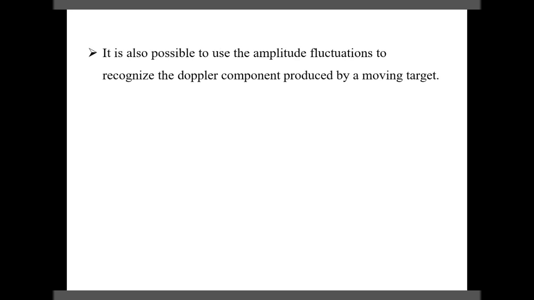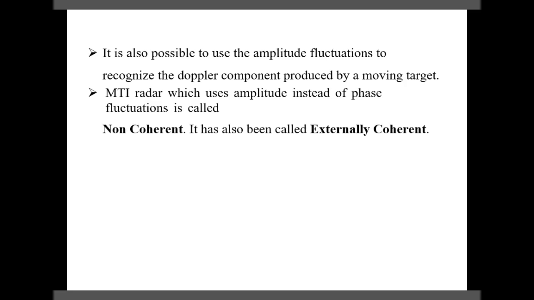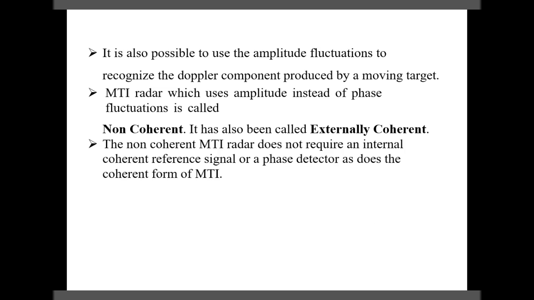It is also possible to use the amplitude fluctuations to recognize the Doppler component produced by the moving target. An MTI radar which uses the amplitude instead of the phase fluctuation is called non-coherent. It has also been called externally coherent radar.